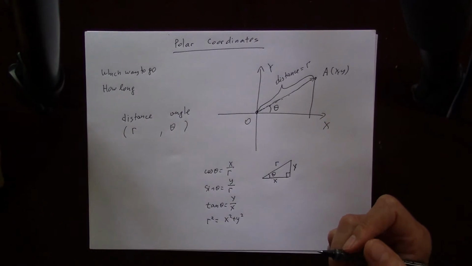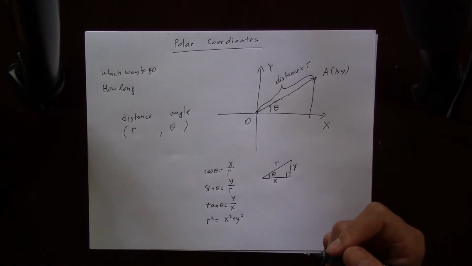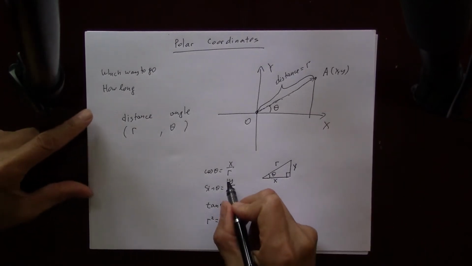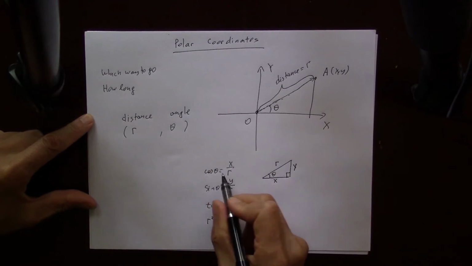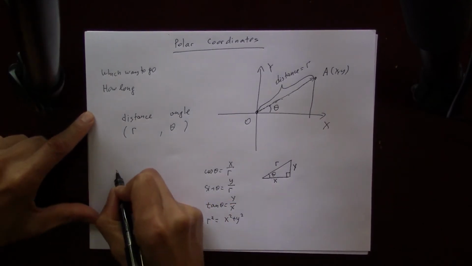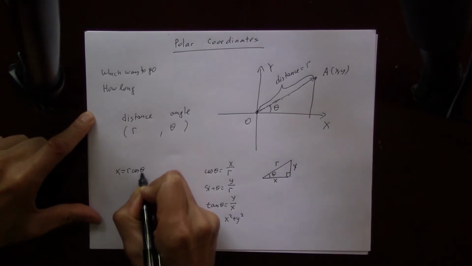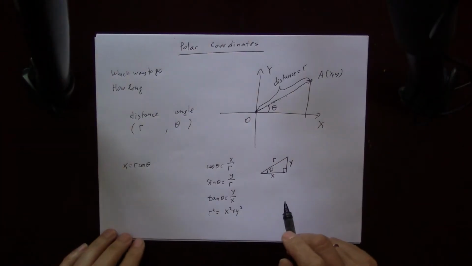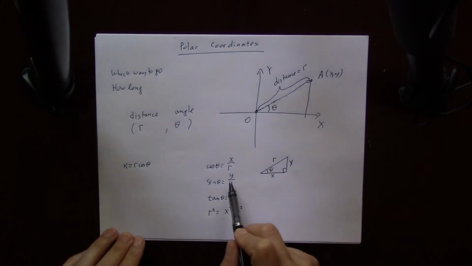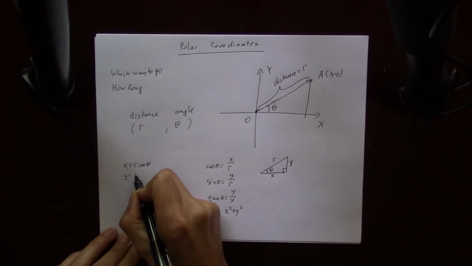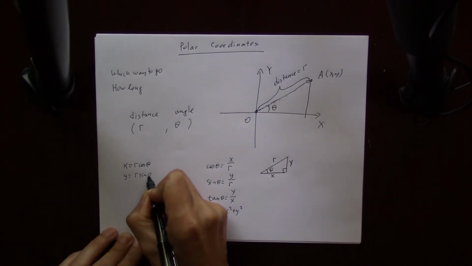So from here we're going to get a few main identities which we're going to be using for polar coordinates. From the first one, cosine theta equals x over r, we can get that x equals r cosine theta. From the second equation, sine theta equals y over r, multiply both sides by r, we get y equals r sine theta.